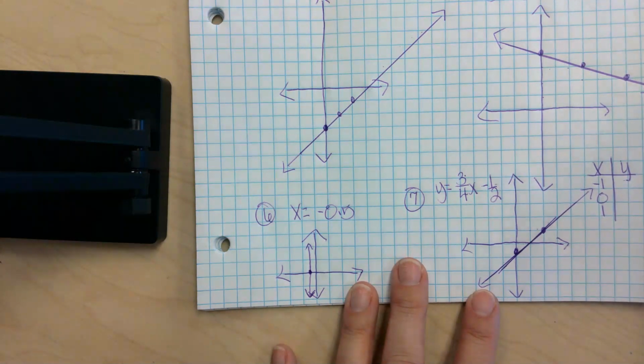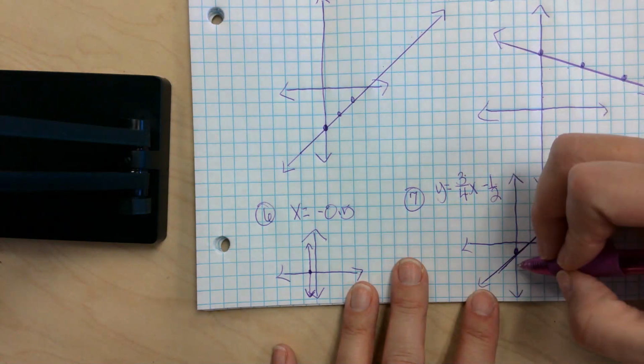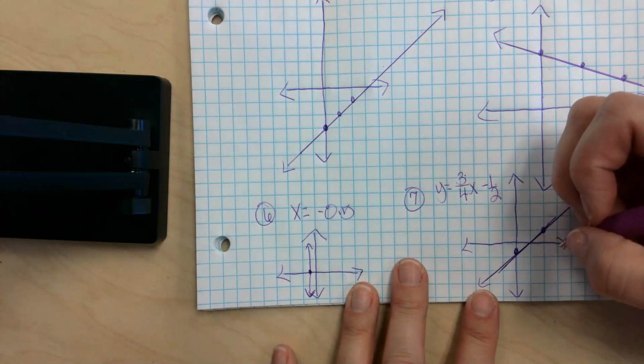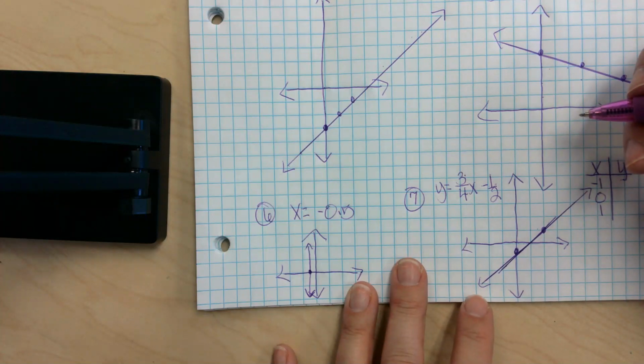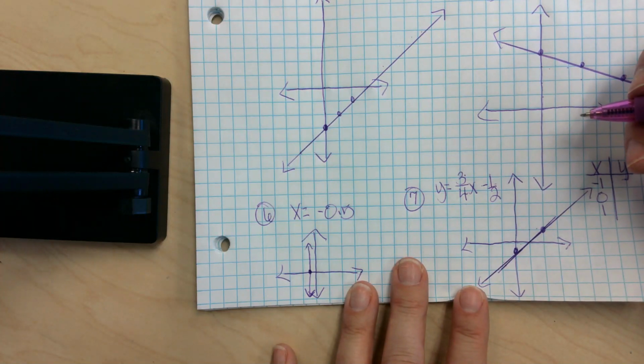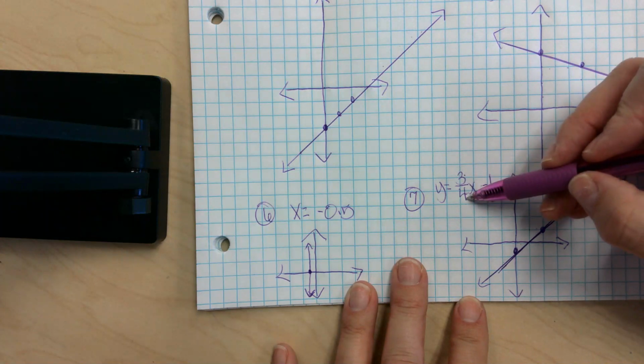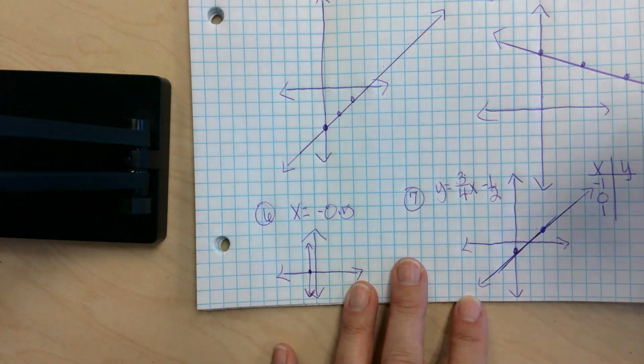So what is -3/4 plus 1/2? What does 1/2 convert to for fourths? Close, 2/4. So when we do -3/4 minus 2/4, we get 1/4.